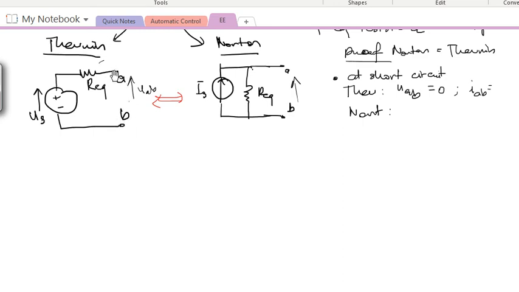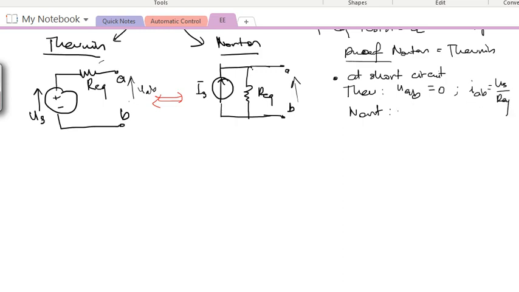Basically it is now a closed circuit. So when you have a closed circuit, US will deliver a current and the current will circulate in it. There is only one power supply, one voltage, and only one resistance. That means the current that goes across here is basically US over R equivalent. So IAB equals US over R equivalent.